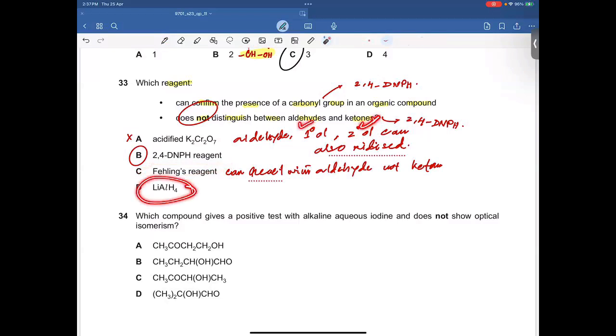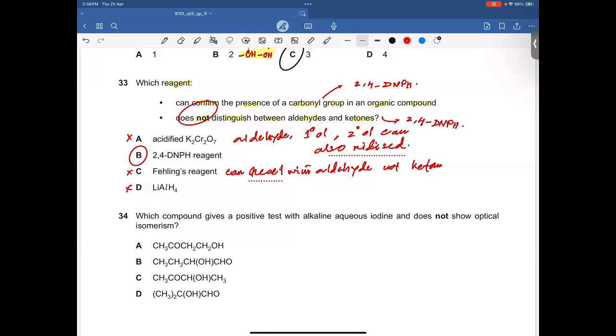Since we will not get any sort of observation, we can't really use this reagent to distinguish between aldehyde and ketone, because we will not get any color observation in this regard. Okay, so C is incorrect, D is incorrect, and therefore B is going to be the right answer.